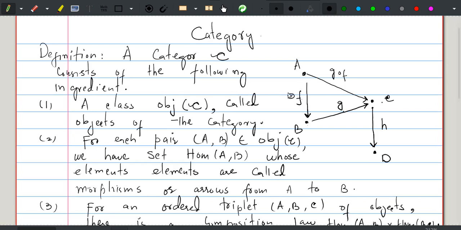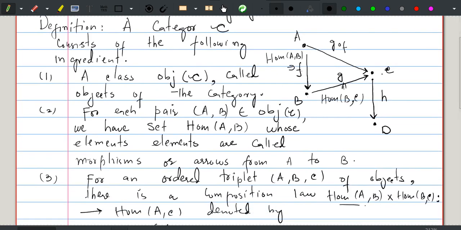So note here, this F is an arrow from A to B, so it belongs to hom A, B, and this G is an arrow from B to C, so this G is in hom B, C. So it takes an element F in hom A, B and an element G in hom B, C. Now it maps this pair F, G to an arrow from A to C. That is the composition map, so this G composite F is in hom A, C.